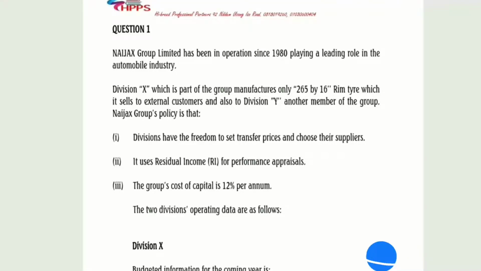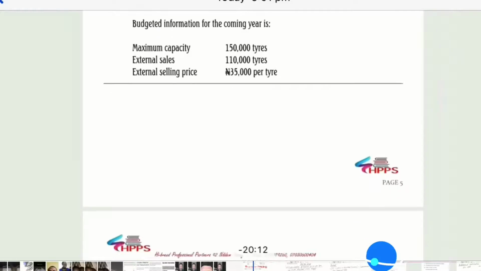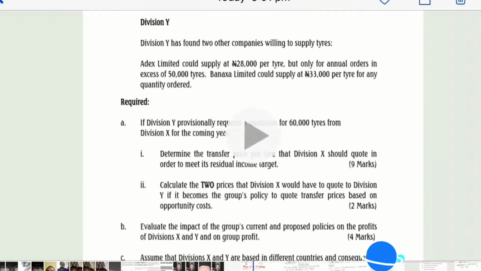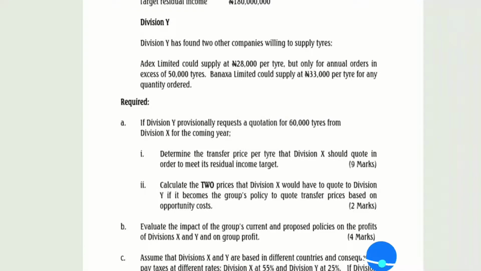Niger's group. In this question, you will see that we are required to calculate what they say we should find. Number one, if division Y provisionally requests a quotation for 60,000 tires from division X for the coming year, we should determine the transfer price per tire that division X should quote in order to meet its residual income target.